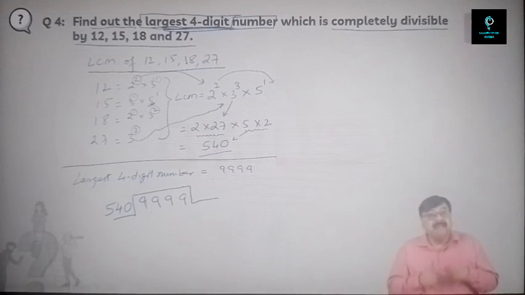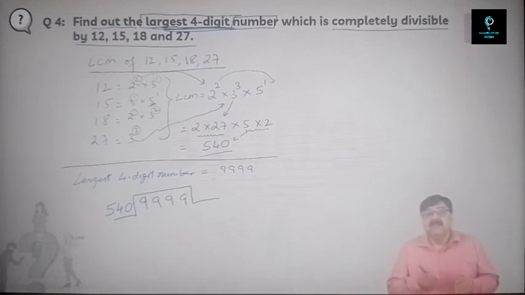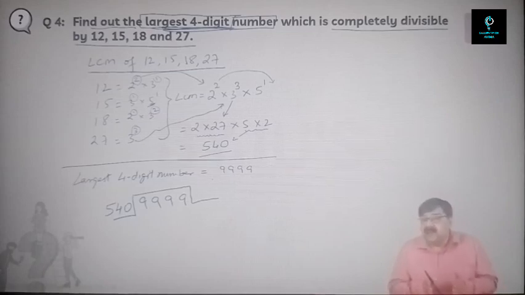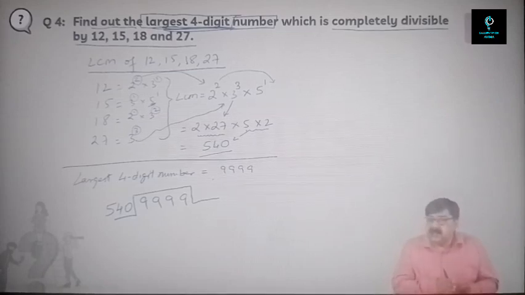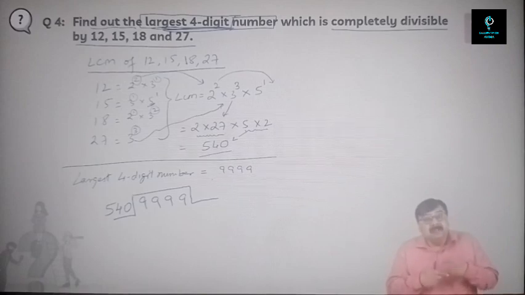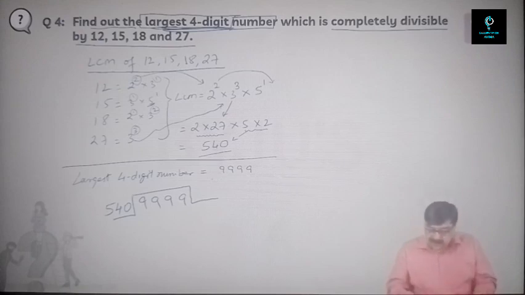So every multiple of 540 will be divisible by each of these four numbers. So 540 into 1, you have 540 here, subtracting, we get 459, so 4599.